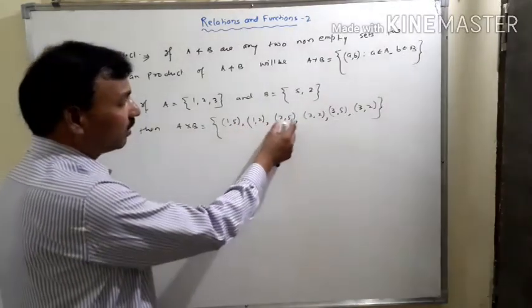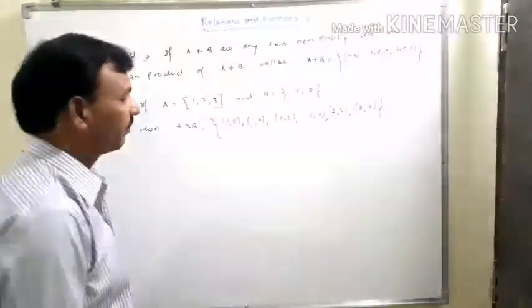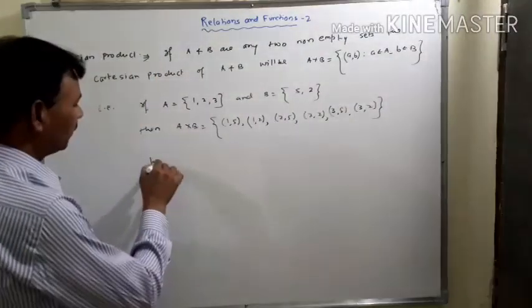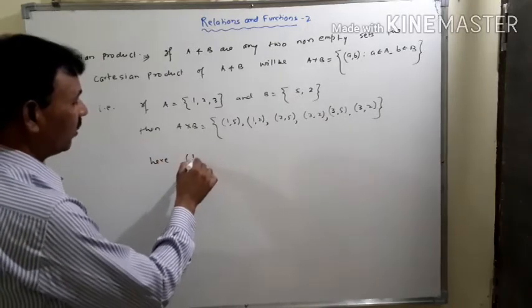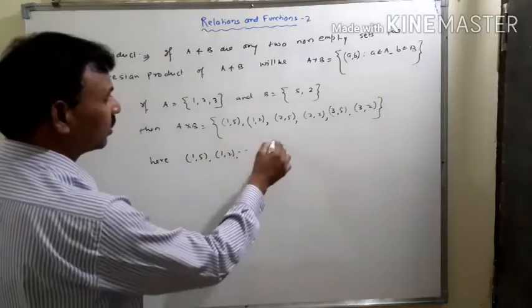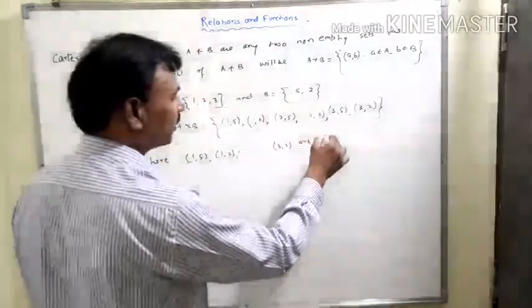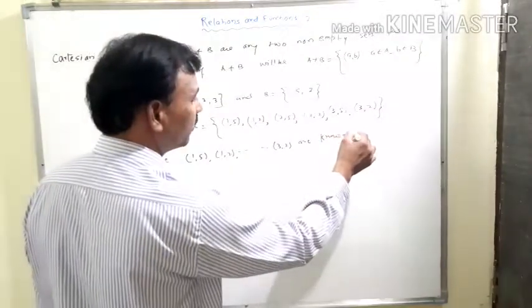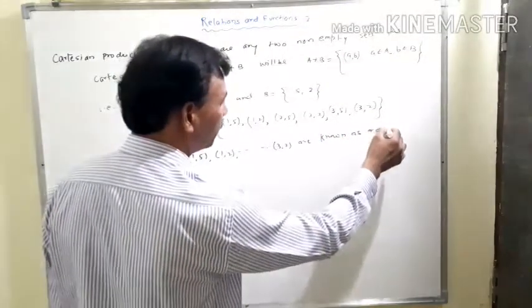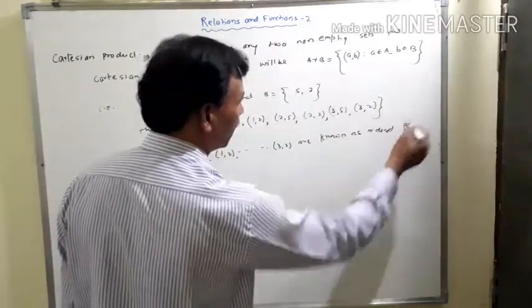These brackets are known as ordered pairs. What are these here? (1, 5), (1, 2), and so on up to (3, 2) are known as ordered pairs.